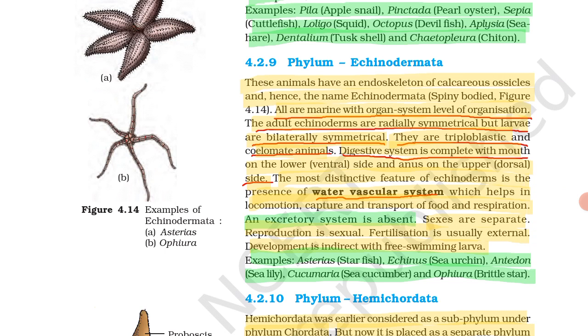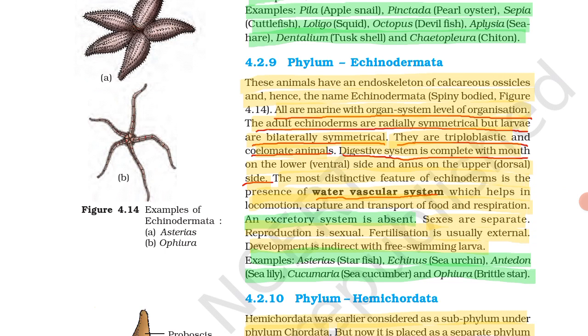Next, the digestive system is complete, with the mouth on the lower ventral side and the anus on the upper dorsal side. So see, in diagram 4.14, A1 asterias, we can see the body from above. The above part is dorsal and the below part is ventral.